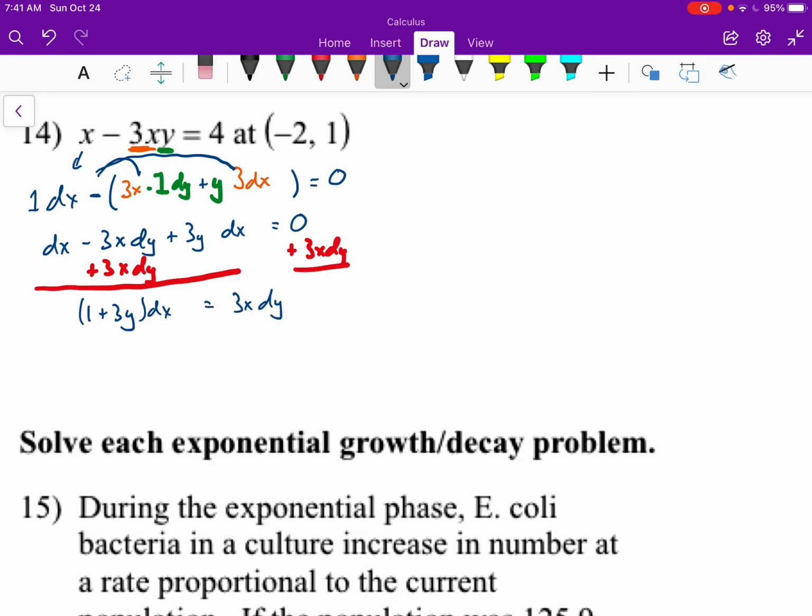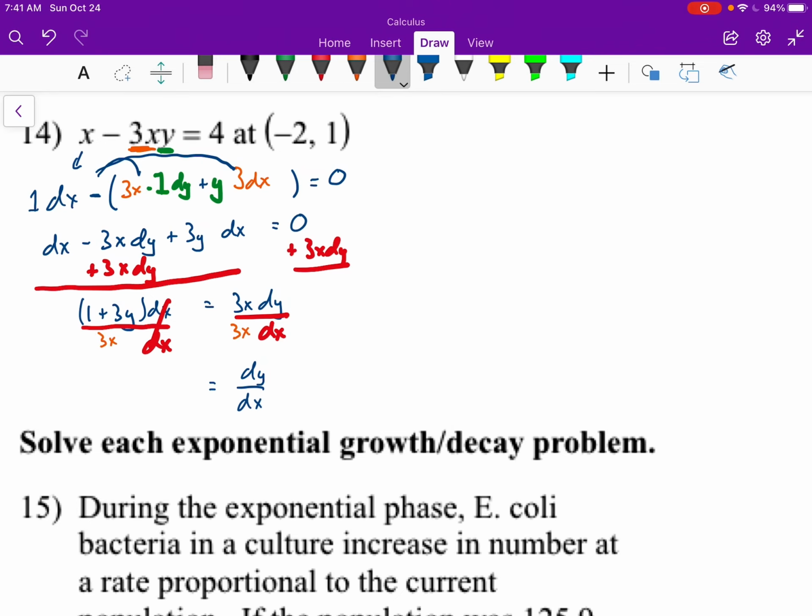We want to solve for dy dx, so we're going to divide everything by dx. That cancels the dx, and on the right we'll have dy dx. But at the same time, we can divide both sides by 3x.